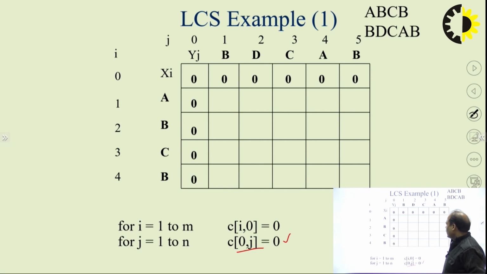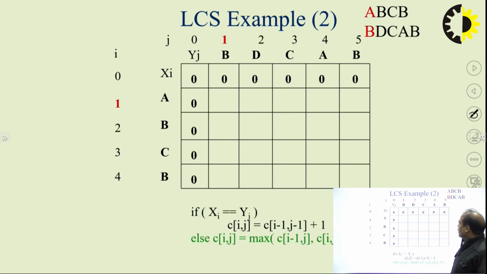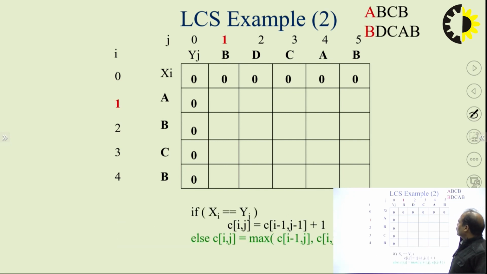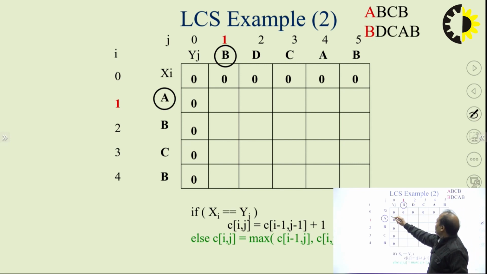After doing this, we will start from the first one. Look here, we'll compare A and B. Are they equal? No. If they are not equal, we copy the maximum of the neighboring values over here. Now 0, 0, and since they are not equal, this is 0.